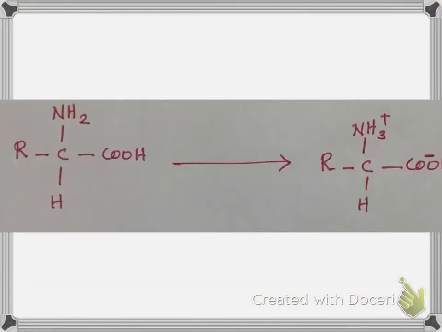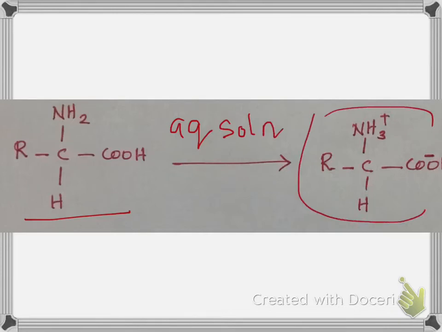When we dissolve this amino acid in an aqueous solution, we get a structure like this, because the proton, the hydrogen of this carboxyl group, is transferred to the NH2 group.